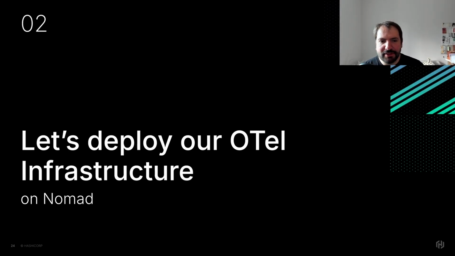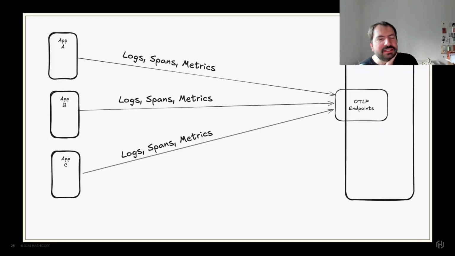So let's deploy our OpenTelemetry infrastructure, right? On Nomad. But first of all, I want to talk a little bit more about the deployment modes you could use with your OpenTelemetry collector. As said, our LGTM backend has already a native interface for OpenTelemetry data, so theoretically we could just send the logs, spans, and metrics directly from every application to the backend, and we would be finished.